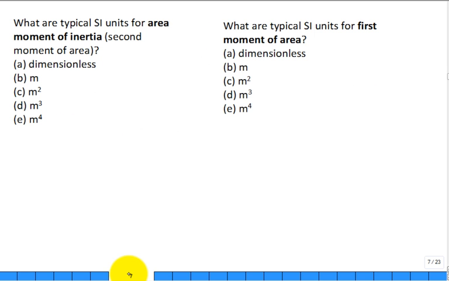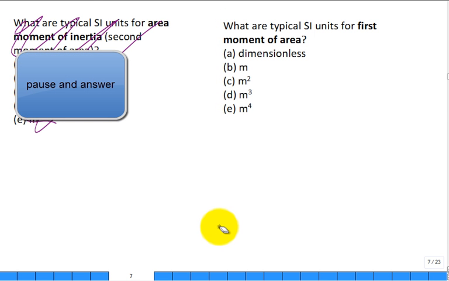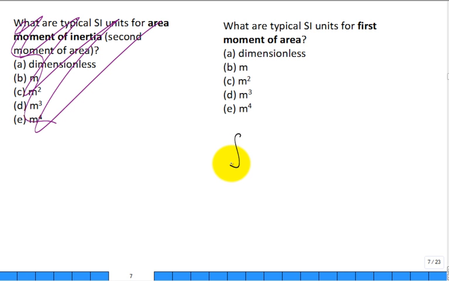All right, let's do this question first. Forget this one. All right, what are the typical SI units for the first moment of the area? So is it dimensionless, meters, meter squared, meter cubed, meter to the fourth? What was that first moment of the area?